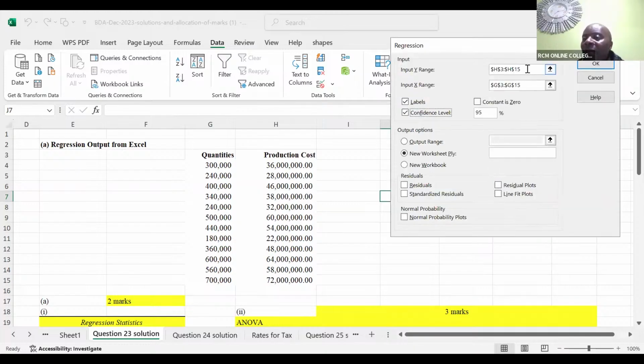Once I say OK, my great students, then what I will do here, ladies and gentlemen, is input the Y variable. Remember, you're the ones who told me the Y variable is the production cost. So click on the label, then Control Shift and take this down with the down arrow.